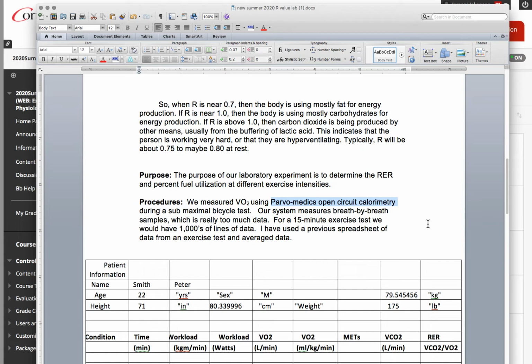Basically a mouthpiece or a mask is placed around the volunteer, and we can collect a sample of air, and we measure that sample of air for the percent of oxygen expired, the percent of CO2 expired, and then the total volume of air that is leaving this volunteer. With those three variables, the metabolic cart can calculate VCO2 produced and VO2 consumed.